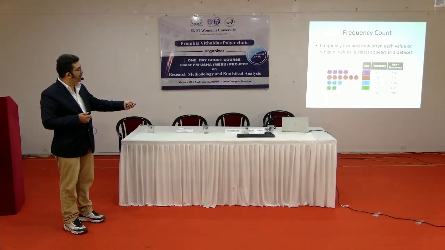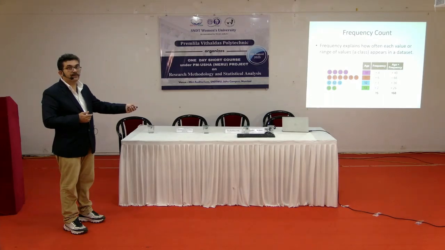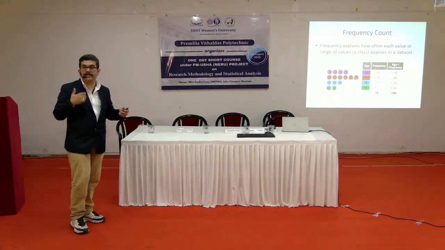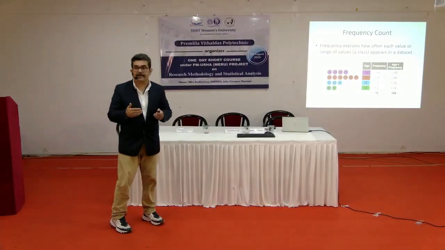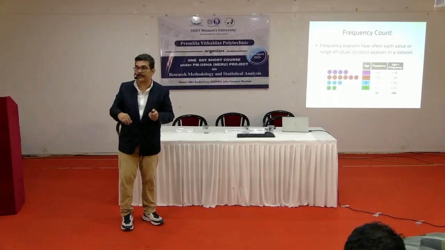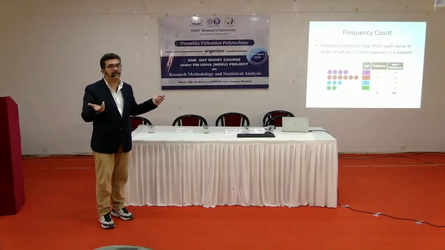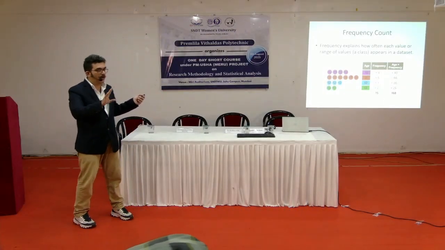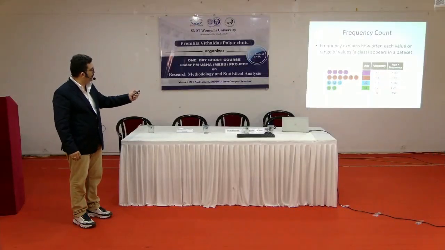Frequency is 4. 11 is repeating 6 times. 12 is repeating 3 times. 13 is repeating 2 times. So this is a repetition, and this is called a frequency: how many times your data value is repeating. It is also used to find or remove duplicate values. Now for a small data set, easy. Again, with millions of records, it's practically not possible. This is called frequency count.